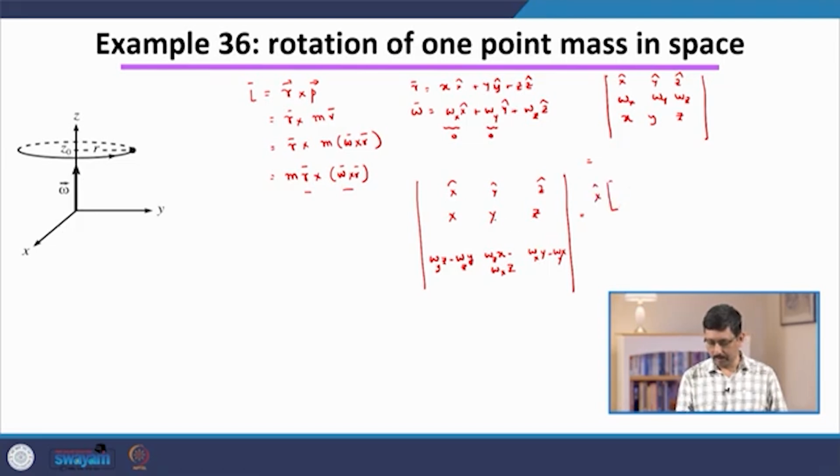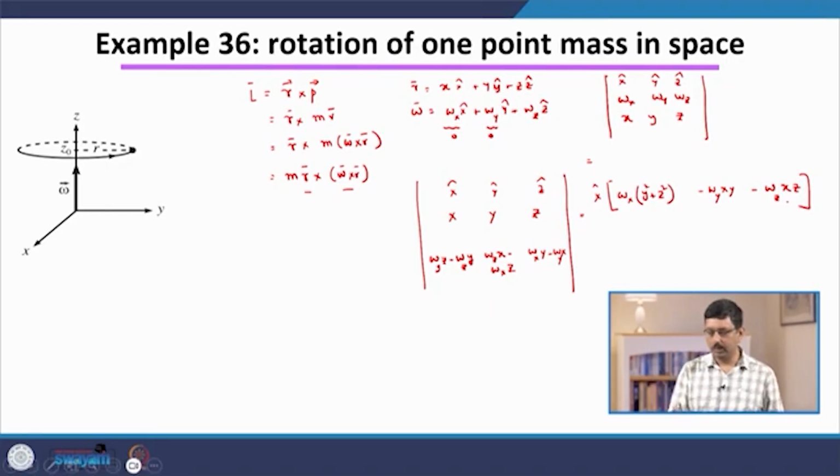The first component is y square times omega x, minus omega y x y, and then we have minus omega z x z plus omega x z square.